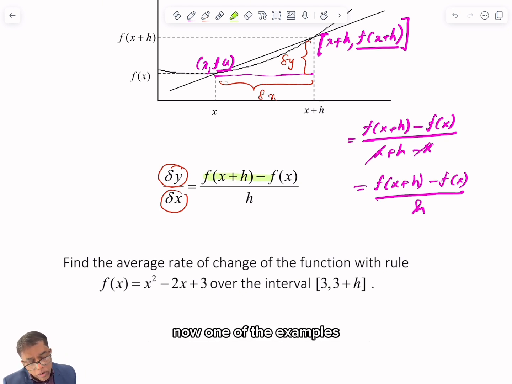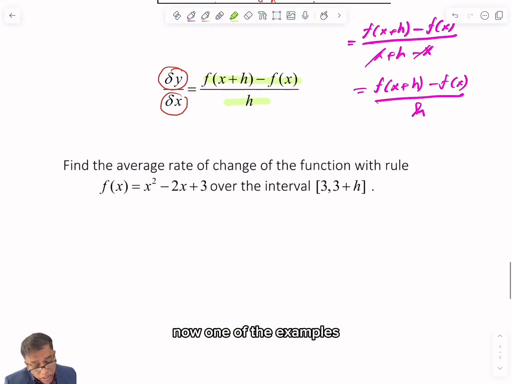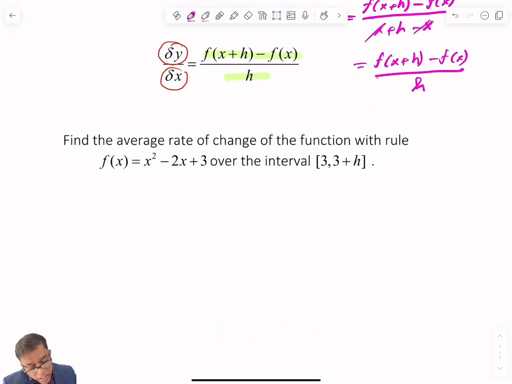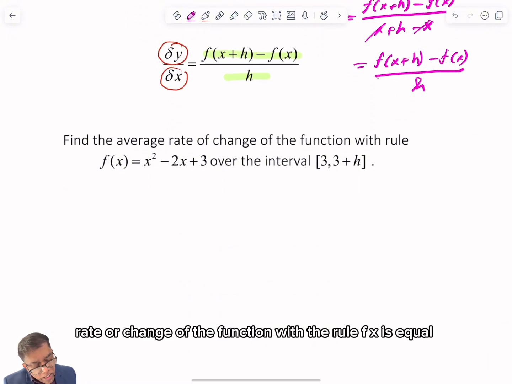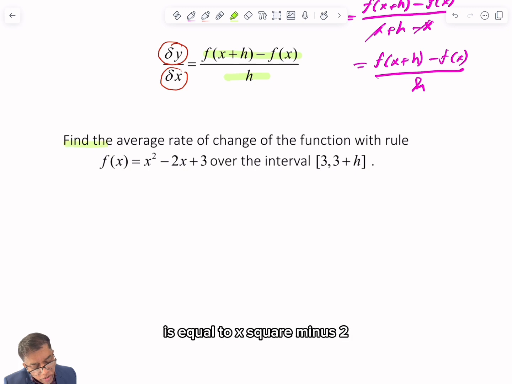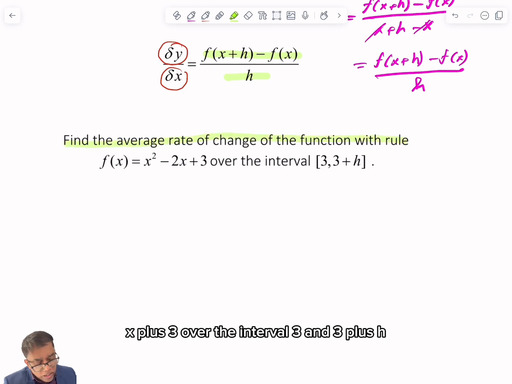Okay. Now, one of the other examples. Find the average rate of change of the function with the rule f of x is equal to x square minus 2x plus 3 over the interval 3 and 3 plus h.